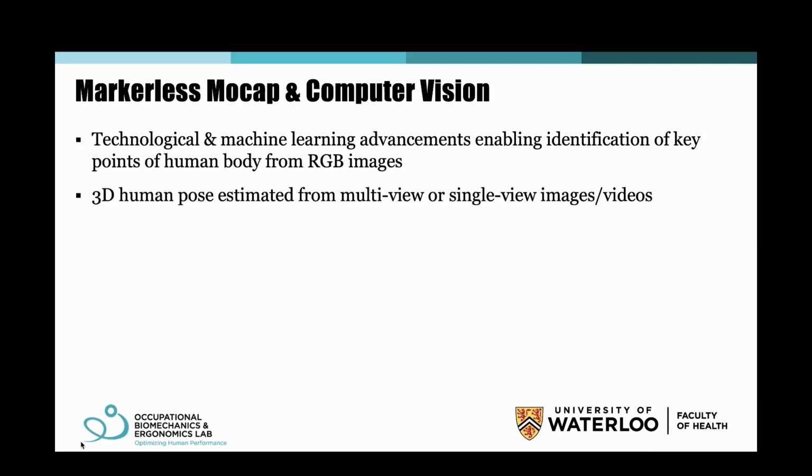To start off, I'm going to briefly overview markerless motion capture and computer vision technology and how they work. These technologies incorporate machine learning algorithms to identify key points of the human body from two-dimensional RGB videos or images. Across all of the tools out there, there are a variety of different methods to go from a 2D image to a three-dimensional posture or key point.